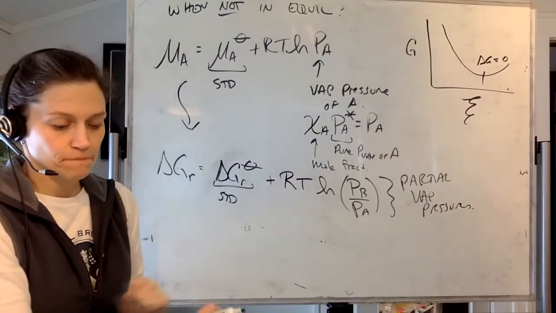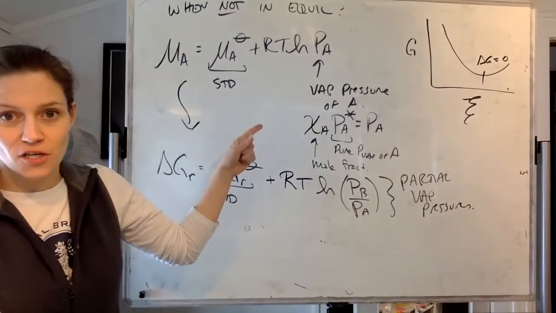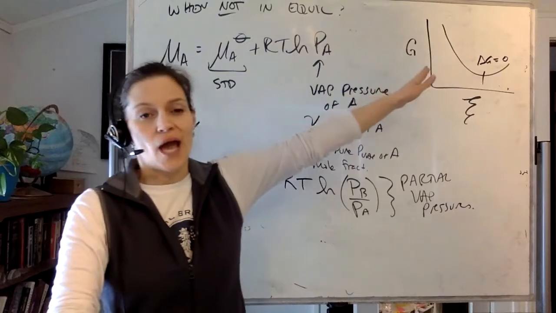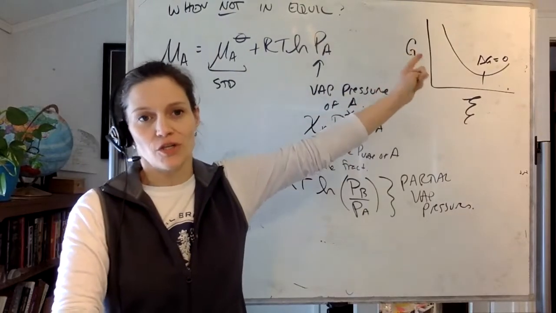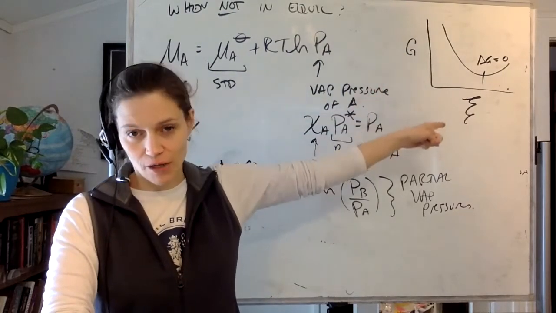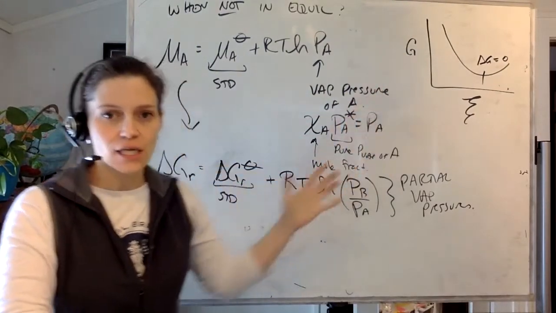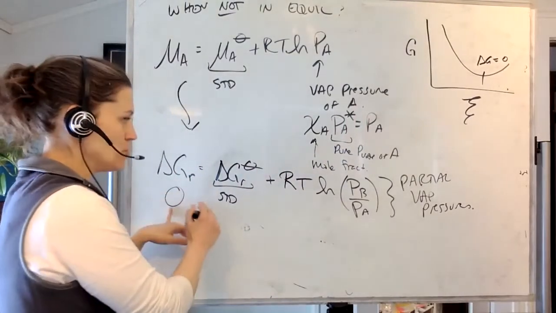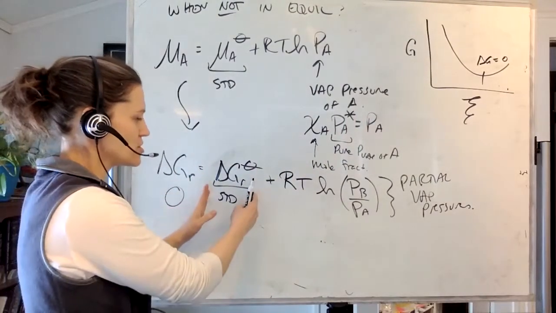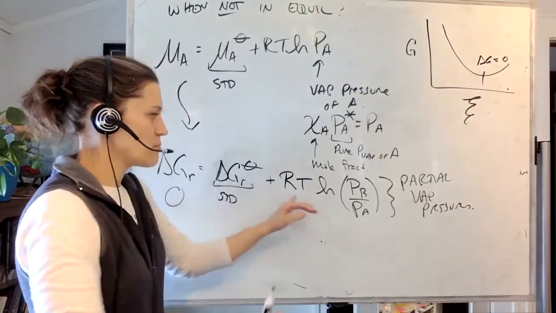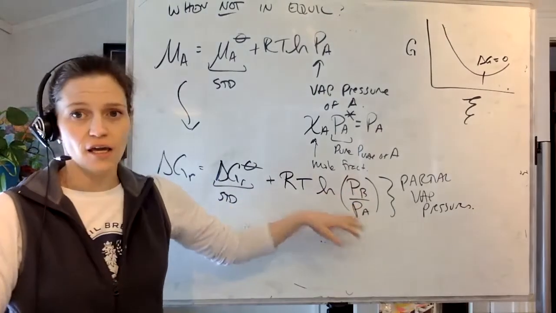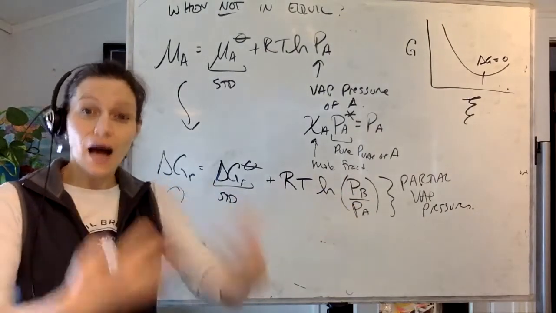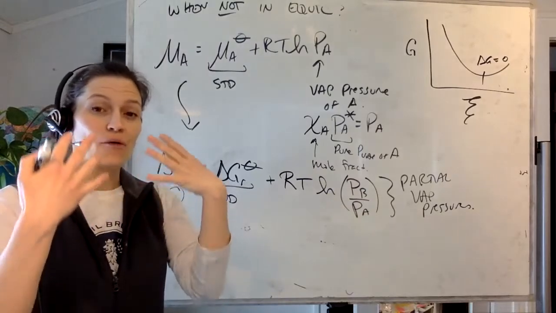But I asked the question: we have two conditions, not in equilibrium and equilibrium. How do we relate equilibrium, i.e. this equals 0, such that you can then say delta G standard is equal to minus RT log PB over PA? That gives you information about the equilibrium conditions.